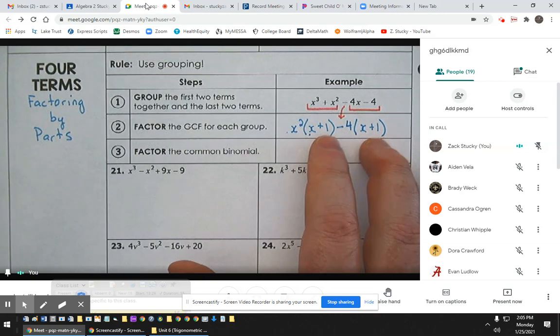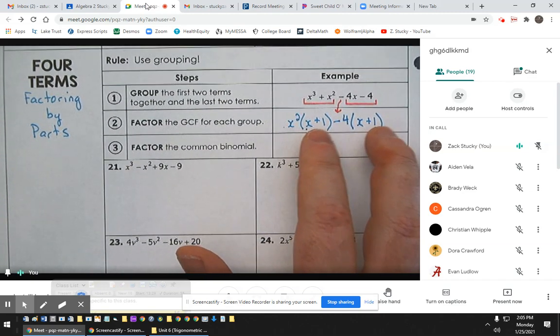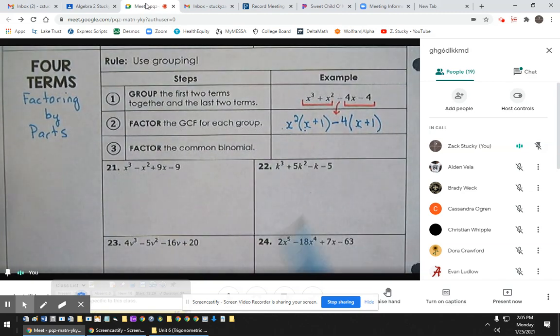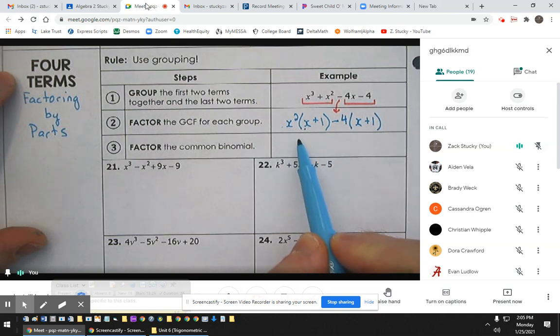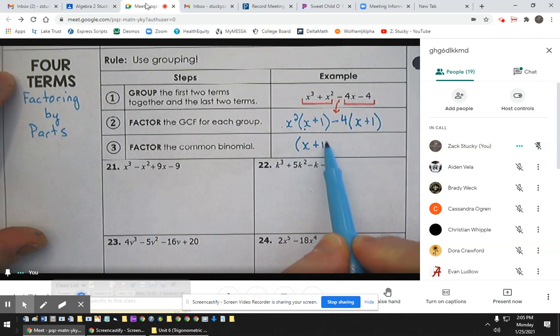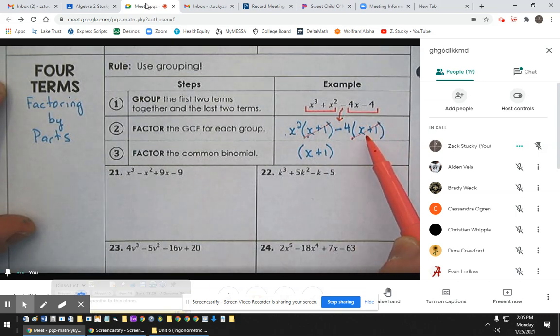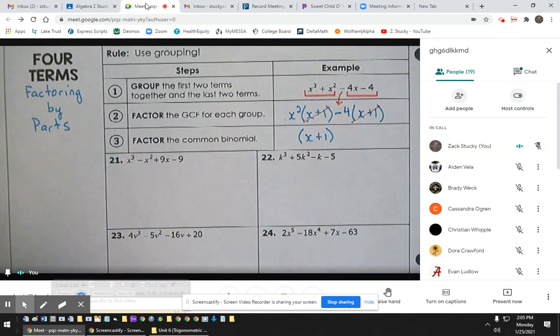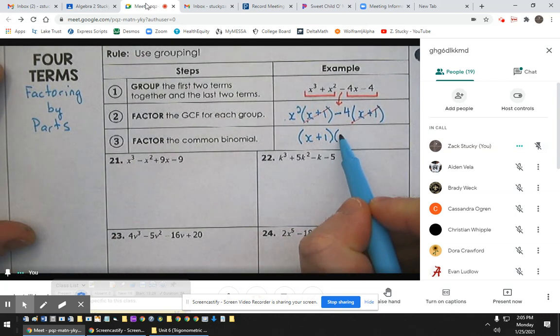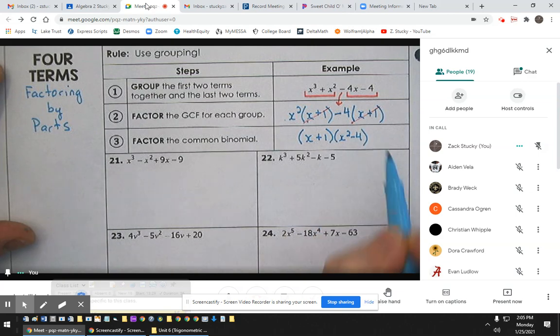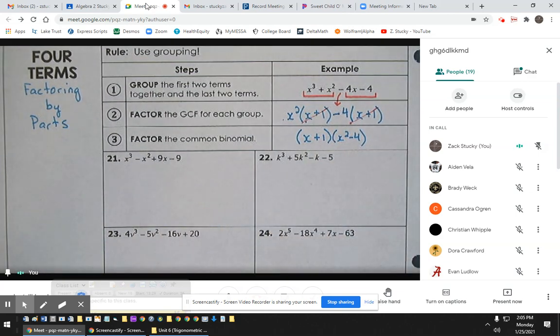What do you notice about the parentheses? They're the same thing. So what happens is these two come together to make one of your answers. And I like to cross them out because then they kind of cross out. And what you're left with is your other answer. That's your 2 factoring answers.